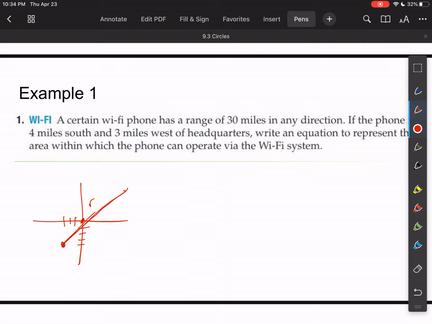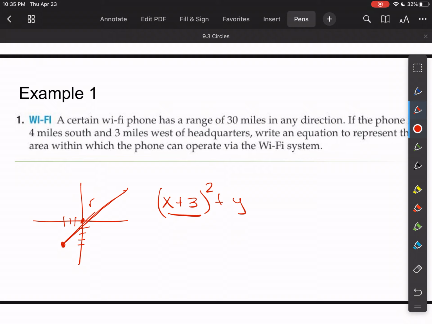Since my x direction moved 3 to the left, remember that we want whatever makes the x part go to 0 is where the center would be. So since I went to -3, I'm going to add 3 here because a -3 would make it go to 0. So it would be x plus 3 squared plus y.